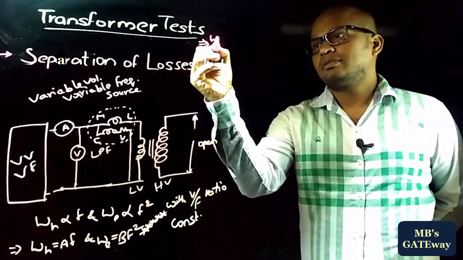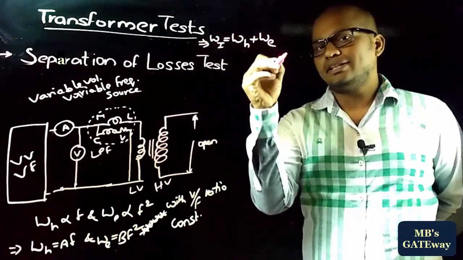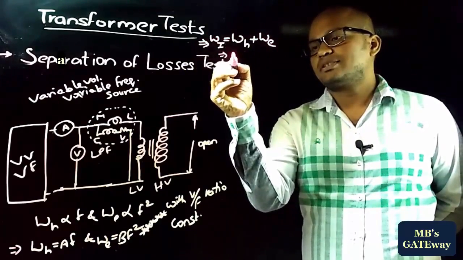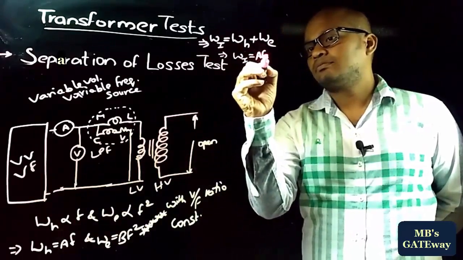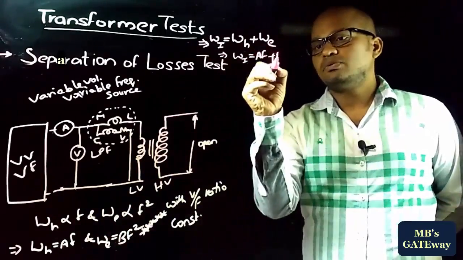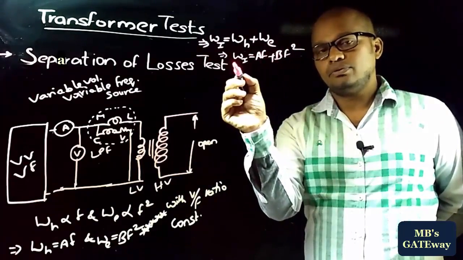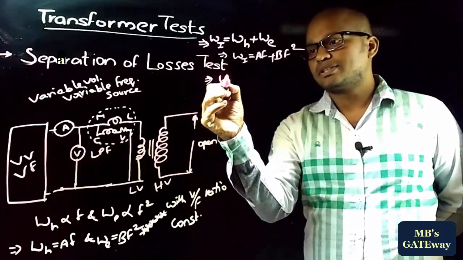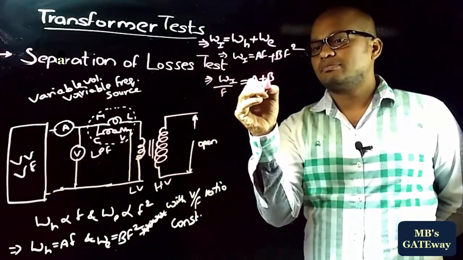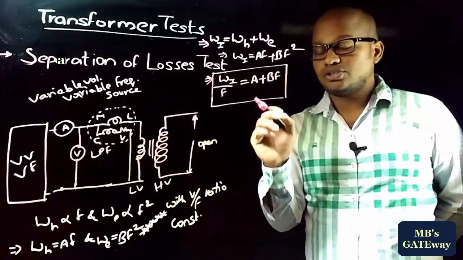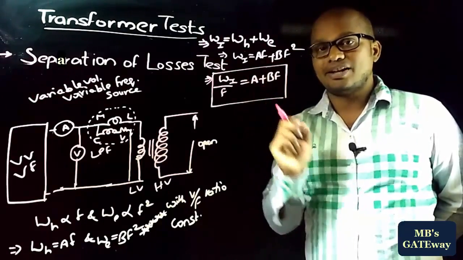That implies total iron loss is equal to hysteresis losses plus eddy current losses, which implies Wi is equal to A into F plus B into F square. Take F common and bring it to the left hand side, which implies Wi by F is equal to A plus B into F. This is the important relation to know how to find the eddy current losses and hysteresis losses from iron losses.